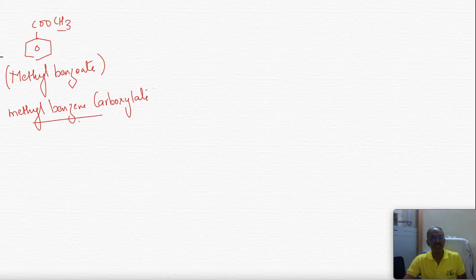Methyl benzene carboxylate. Just go through the table in the previous lecture where I have told the prefix and the suffix of each and every individual functional group.